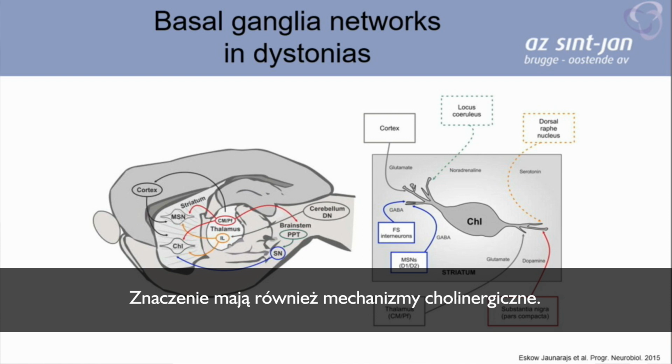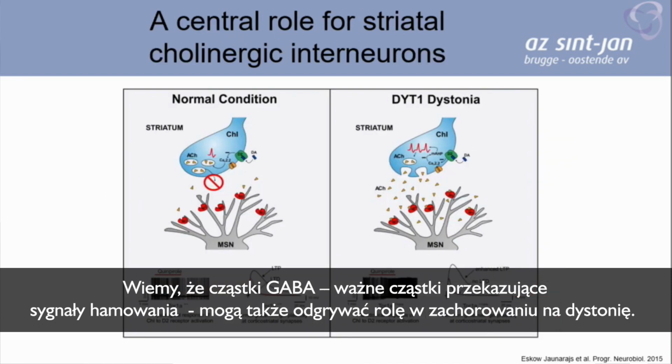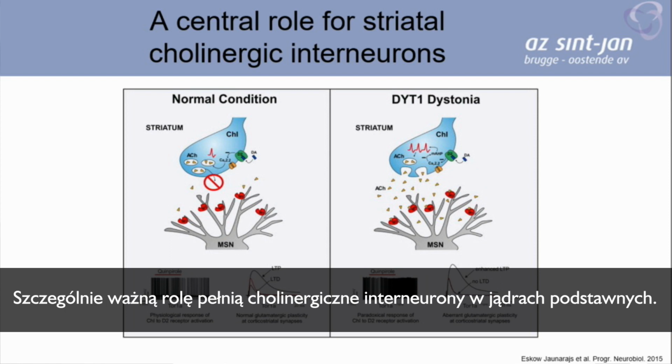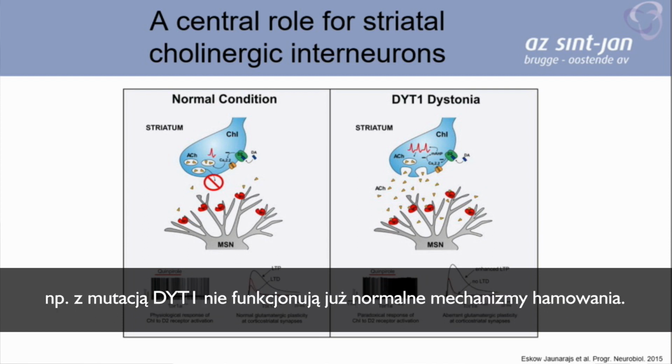Cholinergic mechanisms are important, and we also know that GABA, which is an important inhibitory signal molecule, can also play a role in dystonia. And especially the cholinergic interneurons in the basal ganglia are important. We know that in normal conditions they secrete acetylcholine, and we know that in patients with dystonic mutations, for example here with a DYT1 mutation, you don't have the normal inhibitory mechanisms anymore.